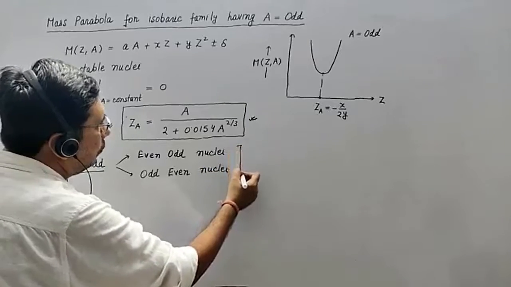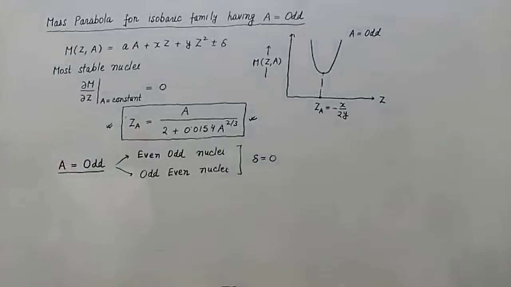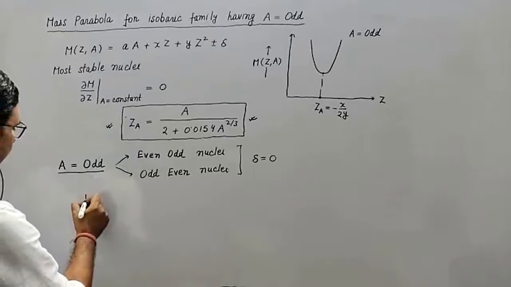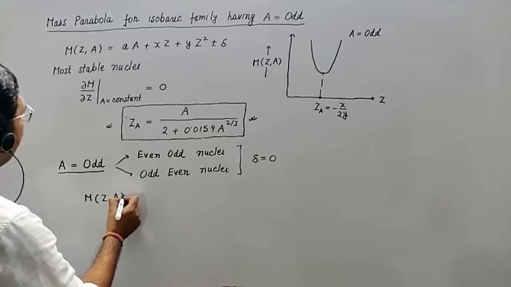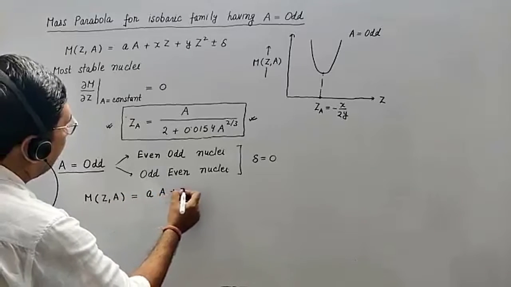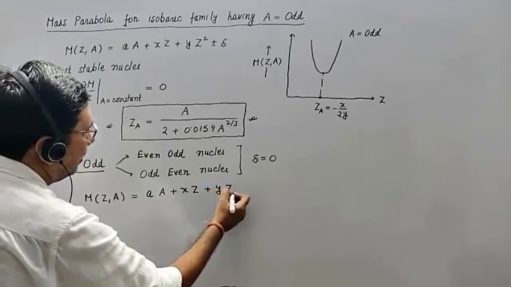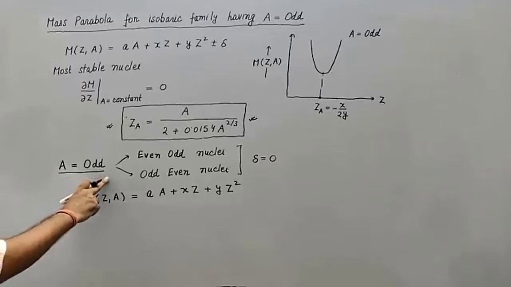In both these cases, this delta will be 0. So when delta is 0, this M(Z,A) will become equal to A plus XZ plus YZ square. This will be the mass of the nuclei for A equal to odd number.